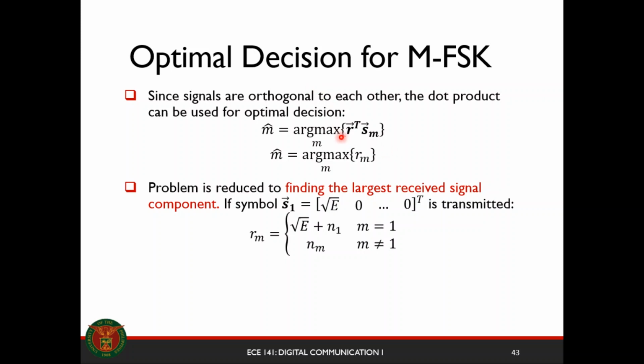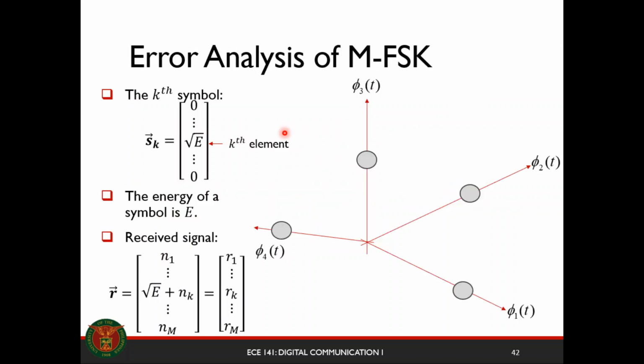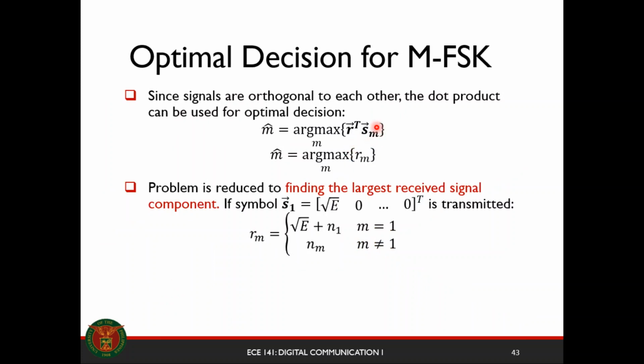Recall that in our decision using the maximum likelihood rule, it's very likely that our signal would be at the component with the highest power. So you just multiply this r(t) with all the S sub m and get the S sub m that maximizes this expression inside.